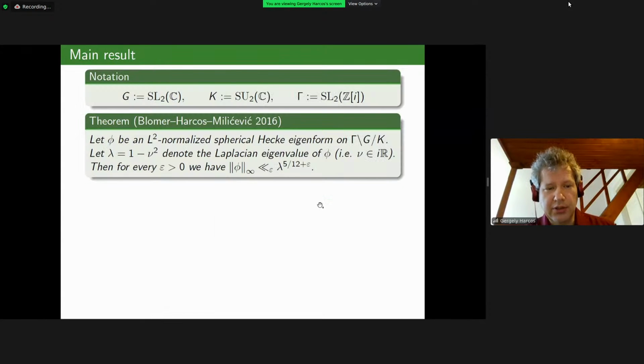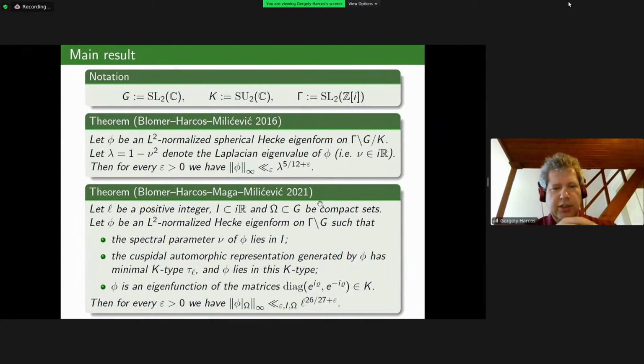And then the main result for today is this very fresh theorem. So let L be a positive integer. L will stand for which K-type we are talking about.